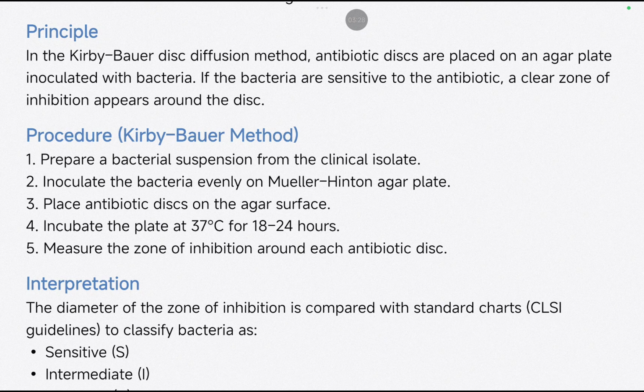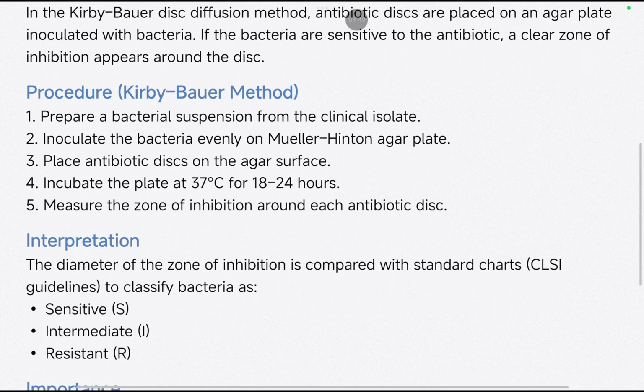If the bacteria is sensitive to cephalosporin, it will show a clear zone, which we call the zone of inhibition, where there is no growth of the bacteria. So we will identify which antibiotic has the largest zone of inhibition, and that simply means it is sensitive to it.